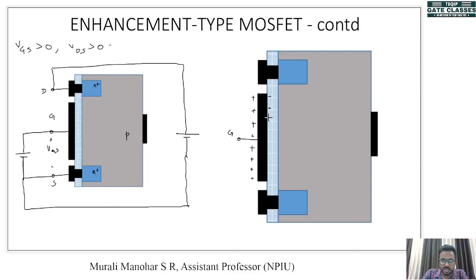So here we will have a net negative charge at this end and a net positive charge at this end. These are N plus and N plus region, and this is our P substrate. Now these positive charges will attract electrons from the P substrate, and thus the electron concentration here will increase.